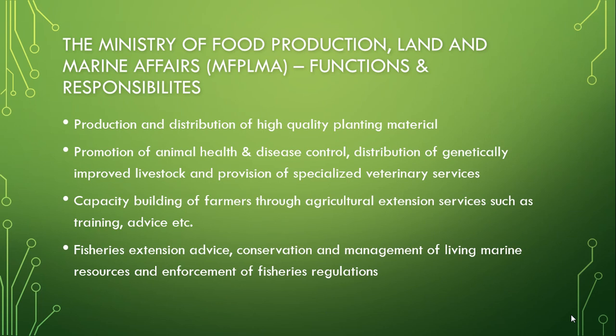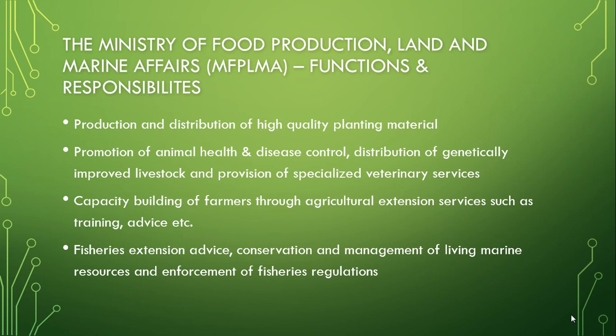Now here we're looking at some of the functions and responsibilities of what is now called today the Ministry of Agriculture. Remember, from one government regime to another, you find that names of ministries may change, but many of the functions and responsibilities would remain the same. So some of the responsibilities and functions of this ministry is agricultural production and distribution of high quality planting material.